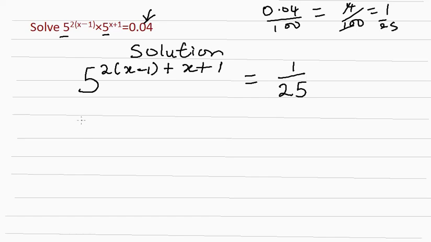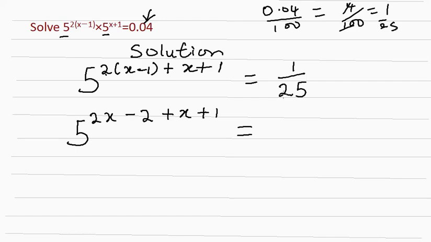Okay, so let's actually do this. This is going to be 5 raised to the power of, I can as well open the brackets. This 2x, 2 times minus 1, that's minus 2. Then, of course, plus x plus 1 is equal to 1 all over 25. 25 is 5 raised to the power 2.